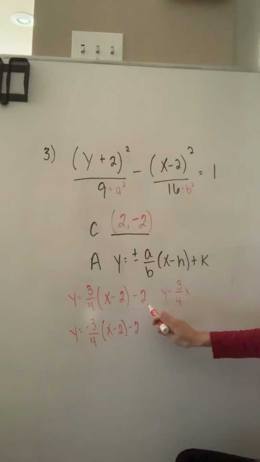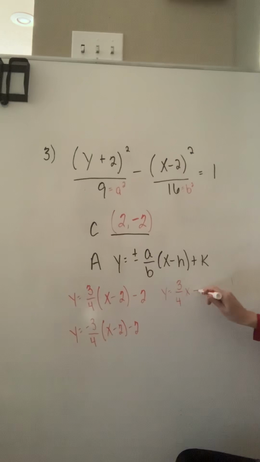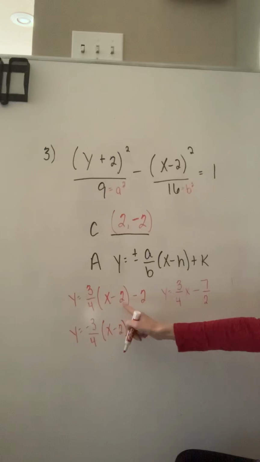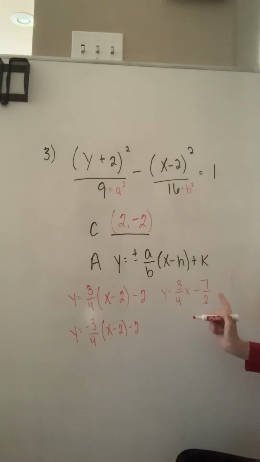Combining that with the minus 2 at the end, negative 3 over 2 minus 2 should give you a negative 7 over 2. Use your calculator, okay?